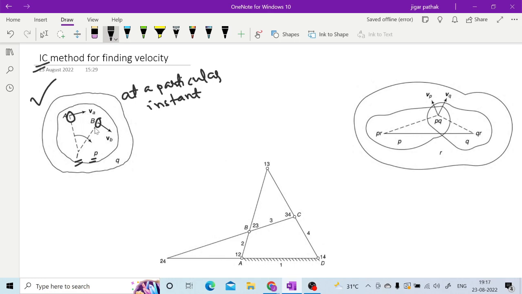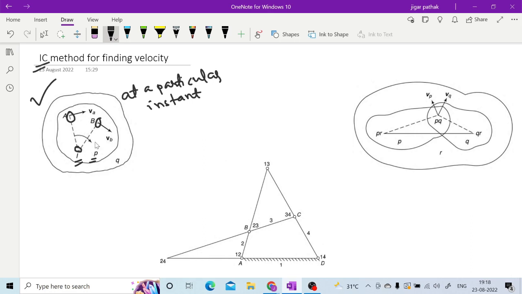Similarly, at that instant, the velocity of B must be in this particular direction, right? Once you take a perpendicular from both points A and B, you will find the intersection point I, and that is the point around which both points are actually rotating. That is why it is known as the instantaneous center of rotation for these points.